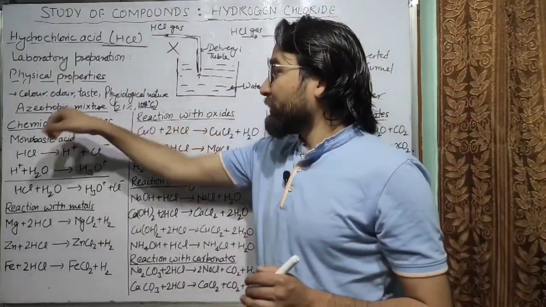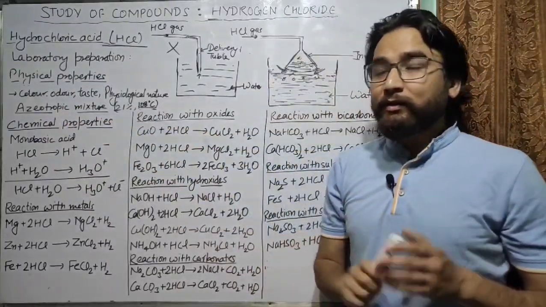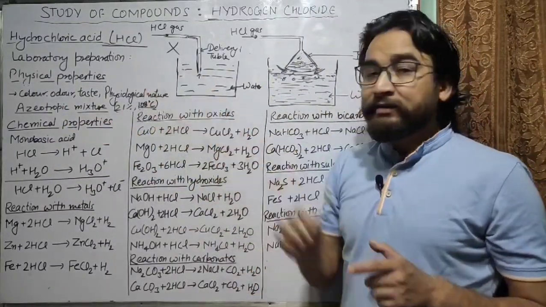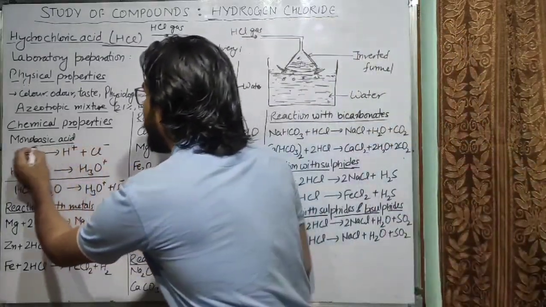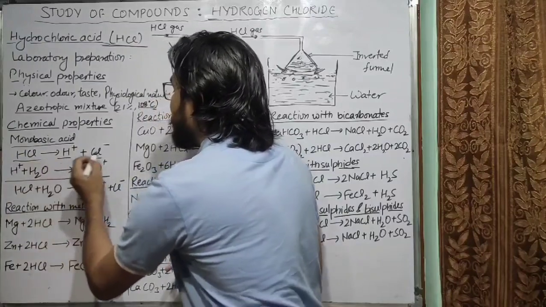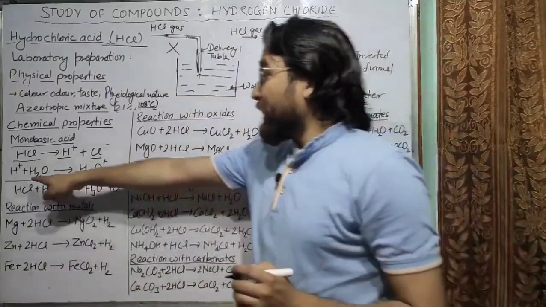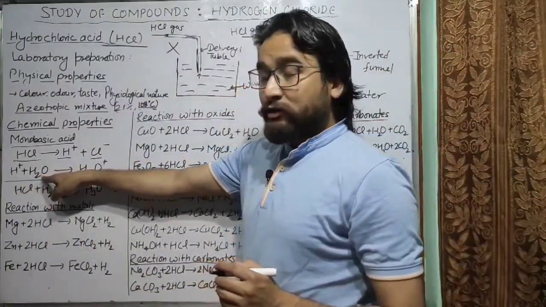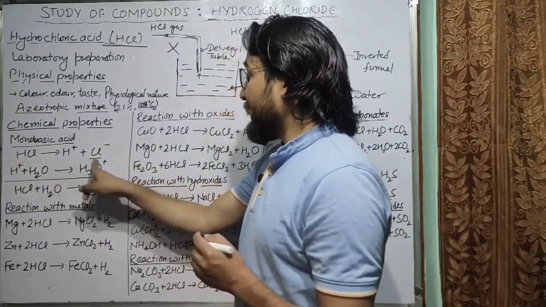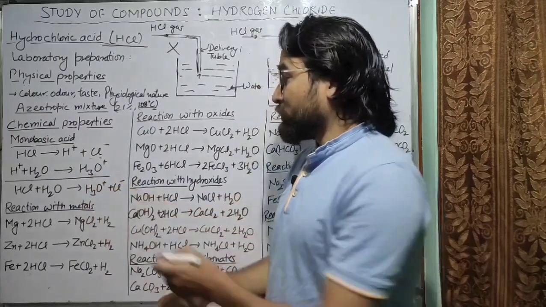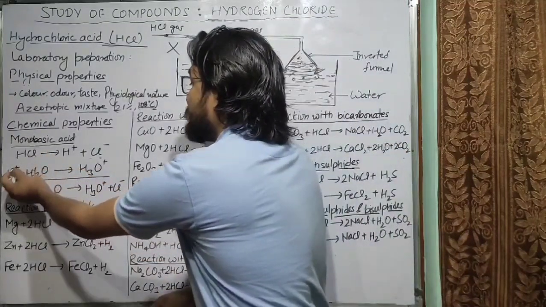Now if we talk about the chemical properties, you know that hydrochloric acid is a monobasic acid. So you can see an example, HCl will form H+ and Cl- ions here. Now the H+ ion combines with water and forms the hydronium ion. So you can combine these two reactions.